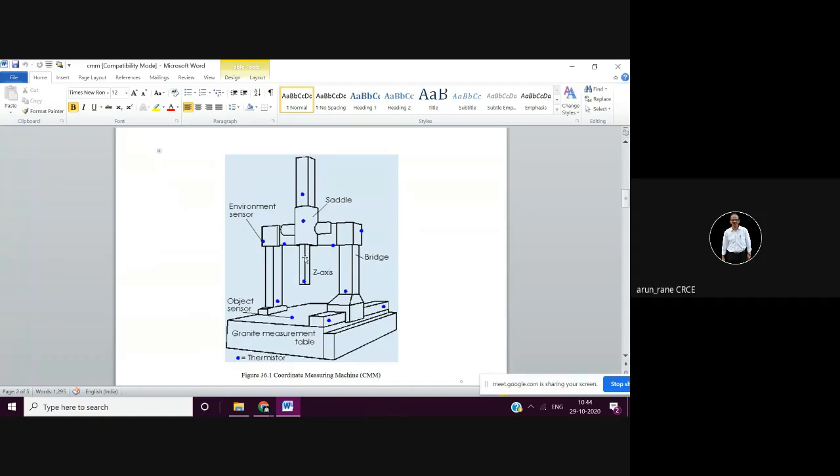and if you want to check the outside diameter, then a minimum of three touches are required. That is, the probe should touch the circumference at least at three places, or comfortably four places in order to get more accuracy. Or you can touch at five places also, six places also.